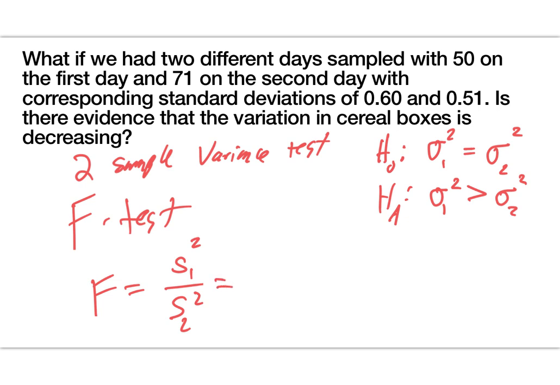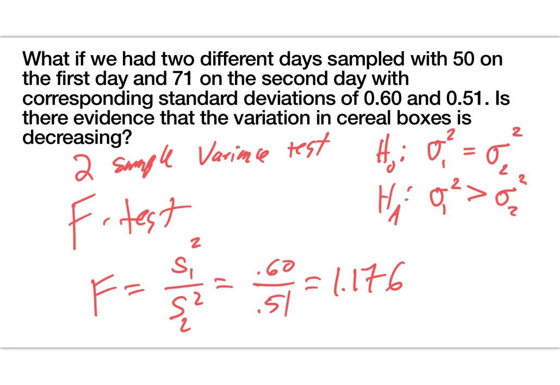So this would be, first day was 0.60, second one was 0.51. And again, when we're looking at the F test, we're finding out if they're the same, we would expect them, when divided, to equal 1. The further away we get from 1, depending on degrees of freedom, will be what we do.